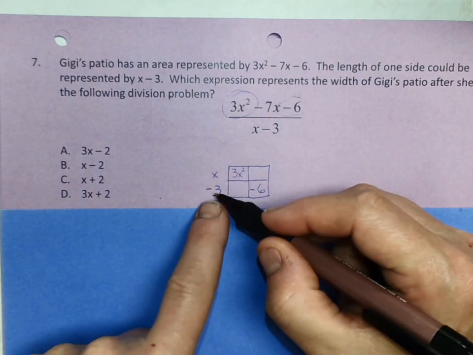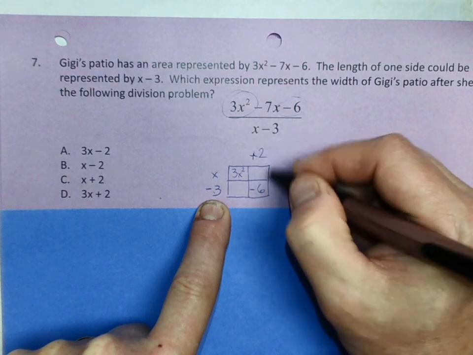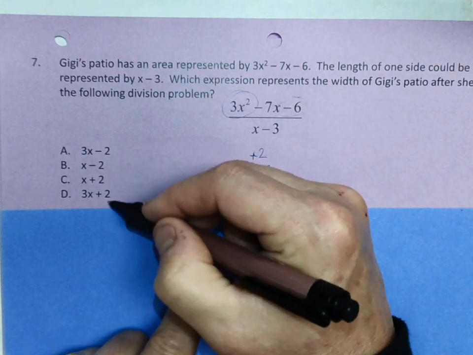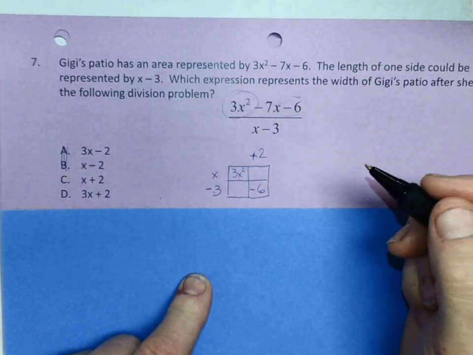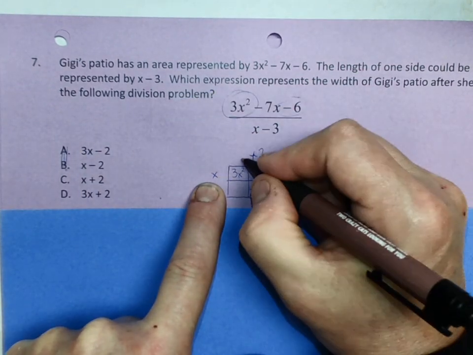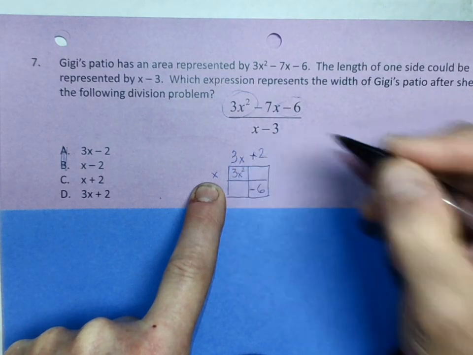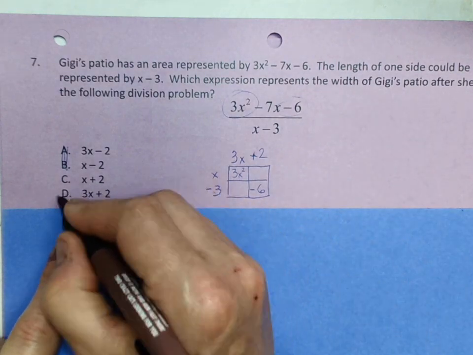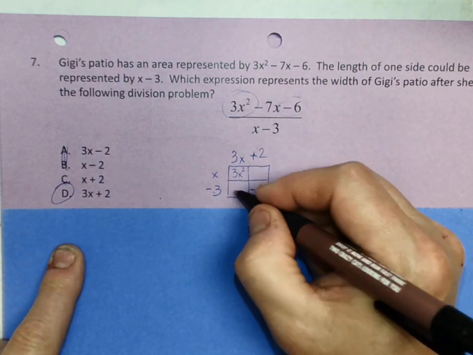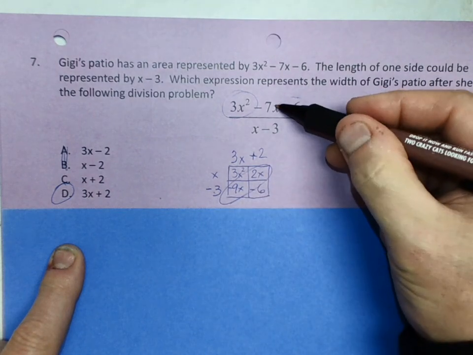Okay, so negative 3 times a positive 2 gives me a -6, so I need something with a +2, so I can eliminate A and B. X times X is X squared, but I need a factor of 3, so I'll put a factor of 3, and you can see my answer pops up. And if you verify that, -9x, 2x, combine those, I get -7x.